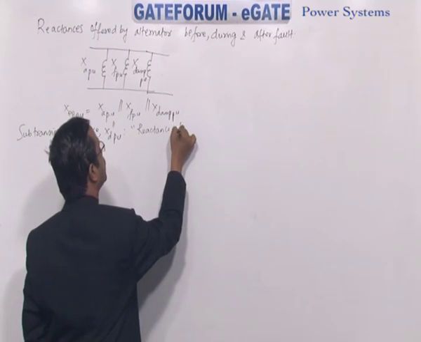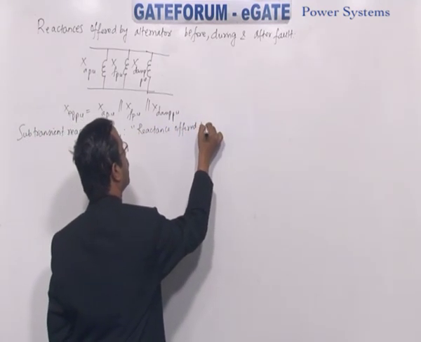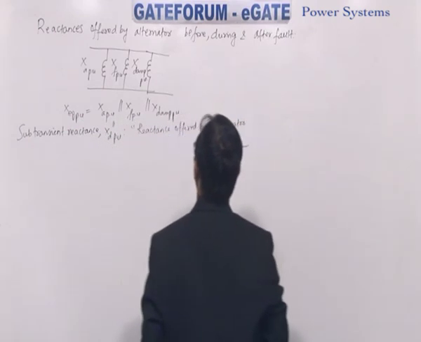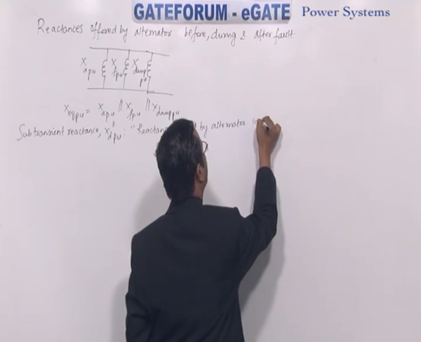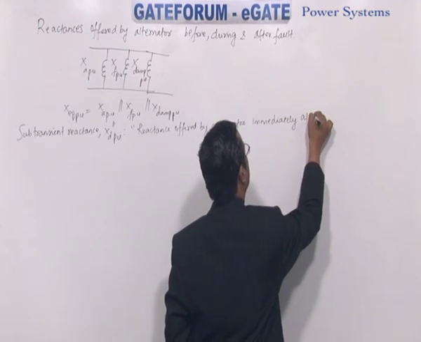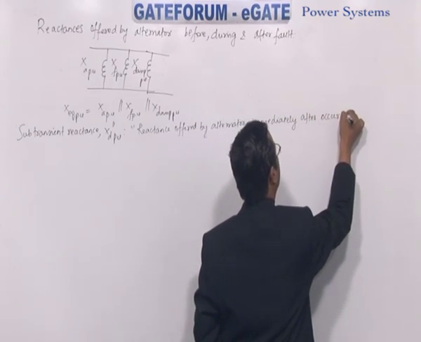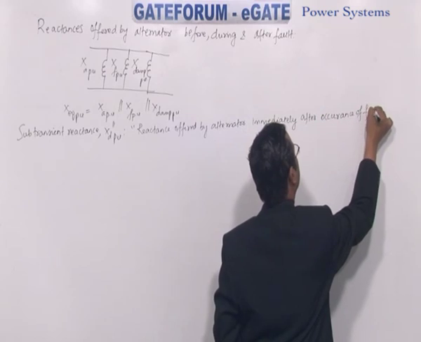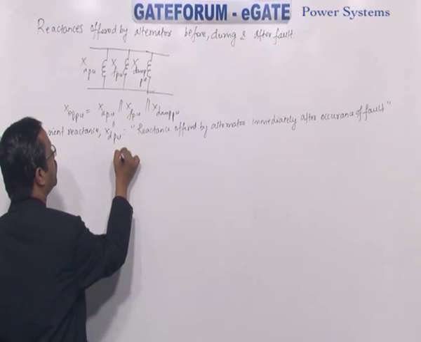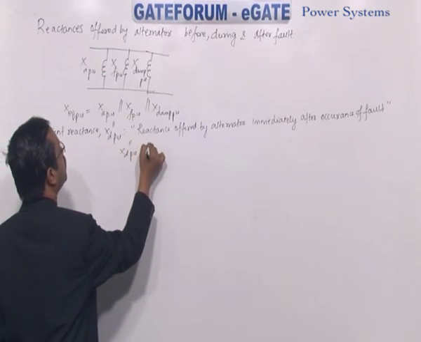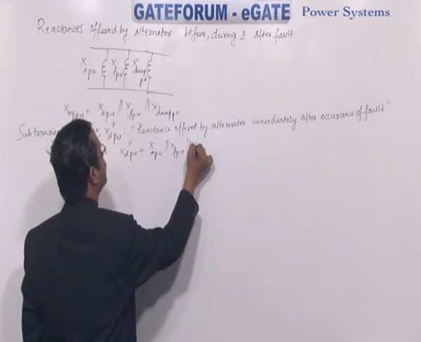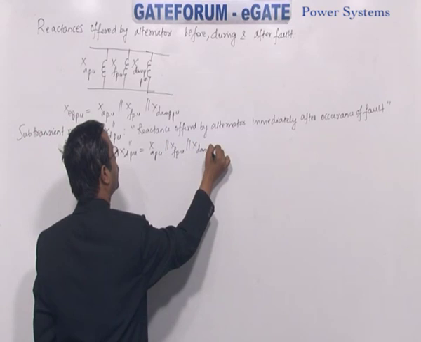It is the reactance offered by the alternator immediately after occurrence of fault. So what will be that XD double dash per unit now? The parallel combination of all the three reactances here.